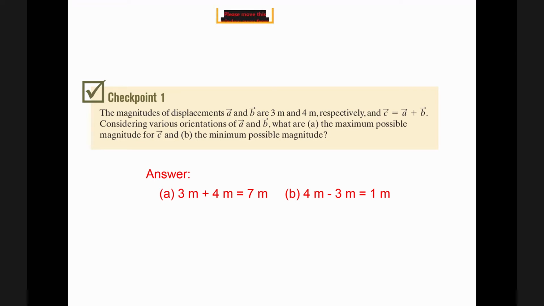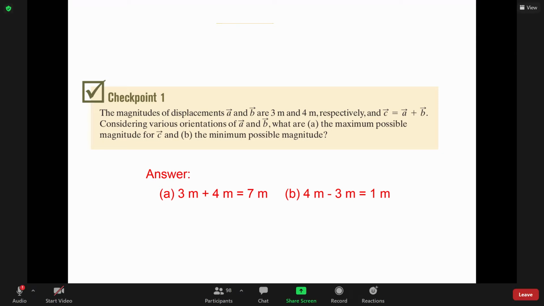If I do this angle, this angle, or this angle, or imagine this: what if I align the two vectors like this? I get the maximum, because what's the summation of A plus B in this case? From here to the end. When you put the two vectors like this, head to tail, this length is the maximum C, right?